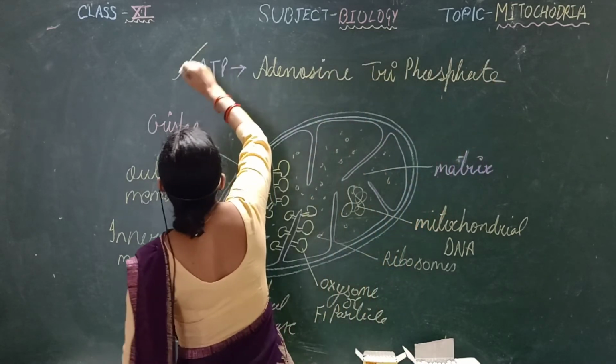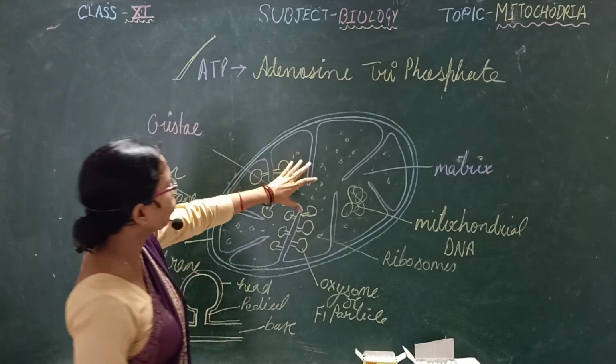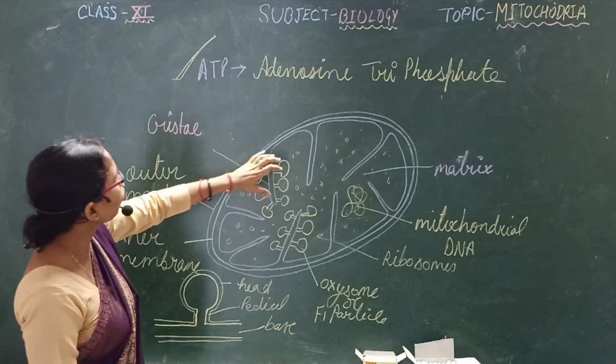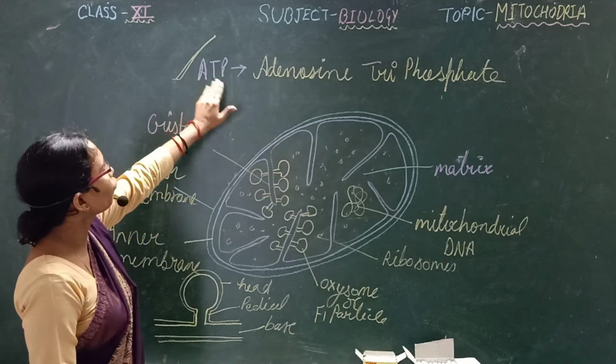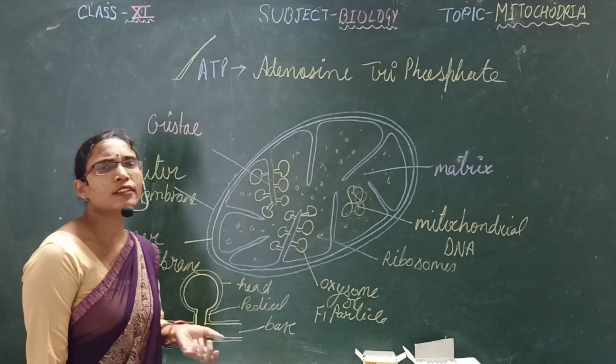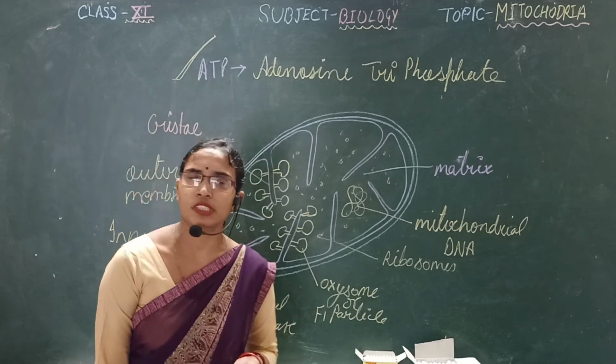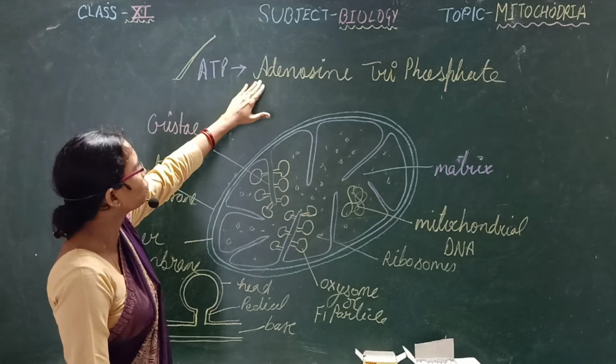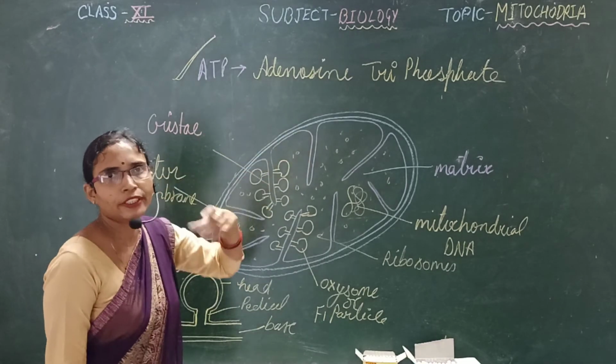In this form, energy is stored in mitochondria. एक्स्ट्रा एनर्जी जितनी भी होती है वो माइटोकॉन्ड्रिया में एटीपी के फॉर्म में स्टोर रहती है. जैसे जैसे फंक्शनल या फिजियोलॉजीज जो होती हैं वो परफॉर्म होती रहती हैं, एनर्जी यहाँ से ब्रेक होती है और ब्रेक होने के बाद रिलीज हो जाती है.